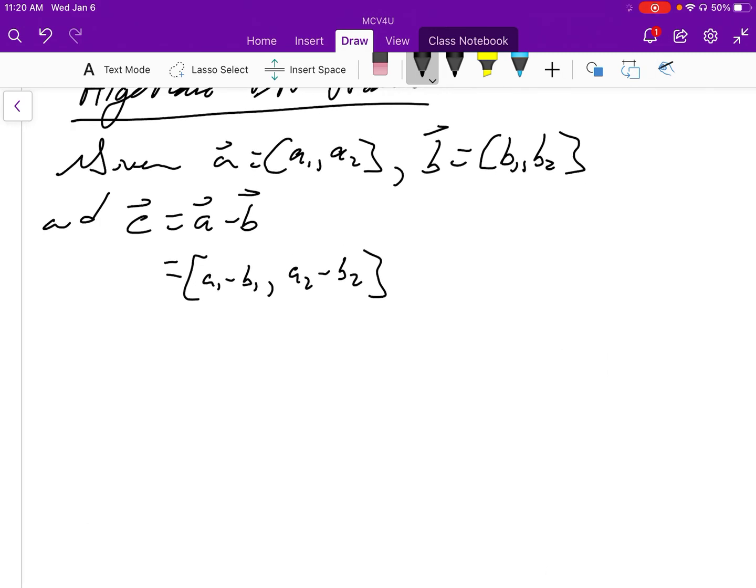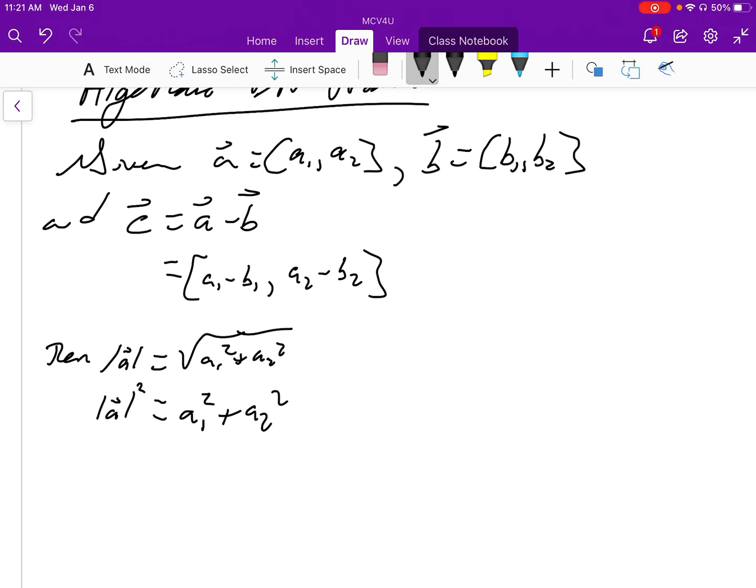So we can say with some confidence here that the magnitude of A, actually the magnitude squared, let's say, is, well, let me go back a little further. The magnitude we know is the square root of A1 squared plus A2 squared, right? So if we square the magnitude, we square the right-hand side, and we're just left with A1 squared plus A2 squared.